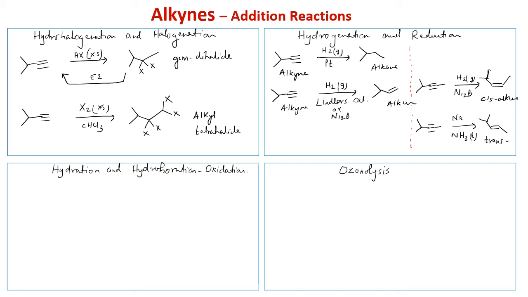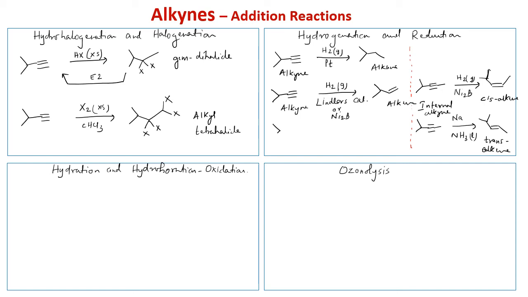So again, by choice of reagent, we can control which product we get. The cis and the trans matters only if you're starting from an internal alkyne.